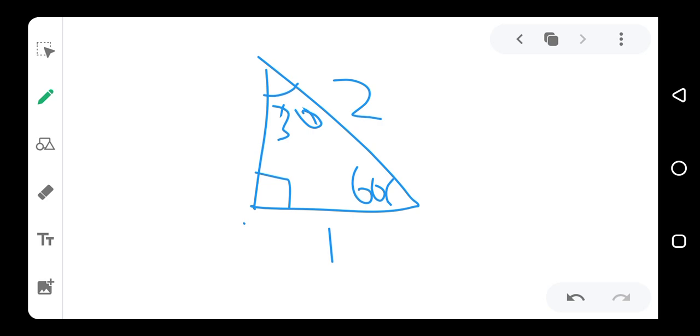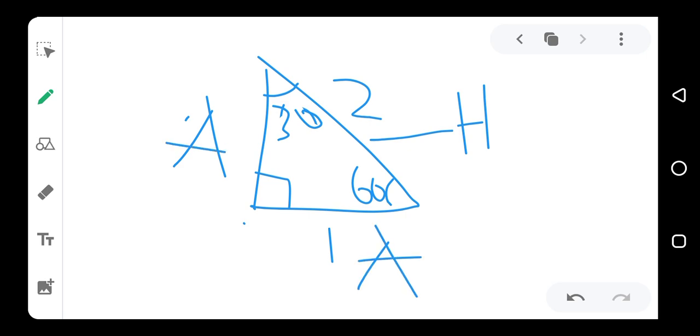Here is the hypotenuse because it is facing the perpendicular side. Now, these two sides are adjacent and opposite, depending on the angle you are considering.